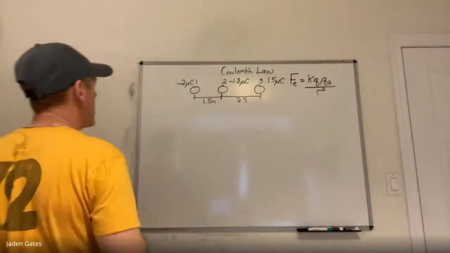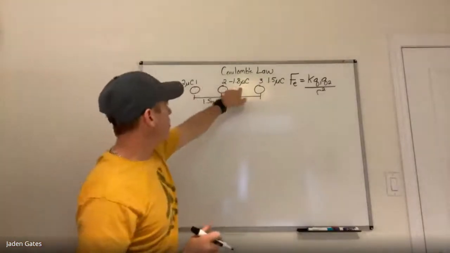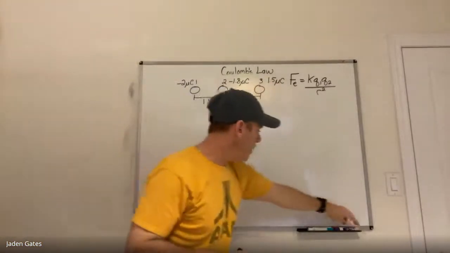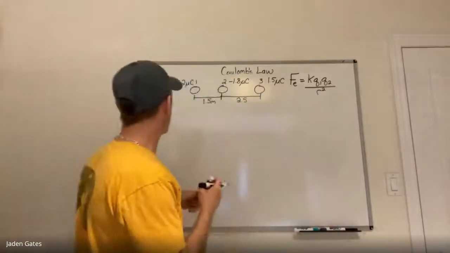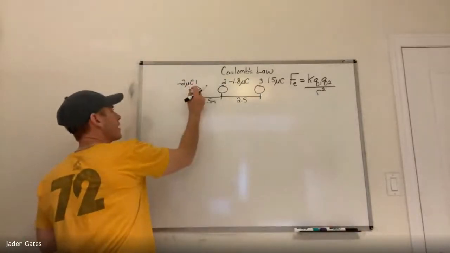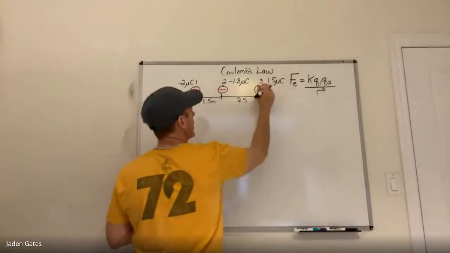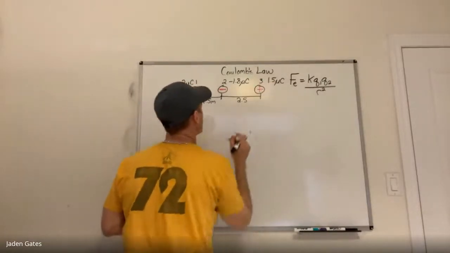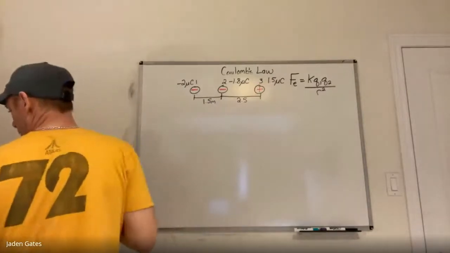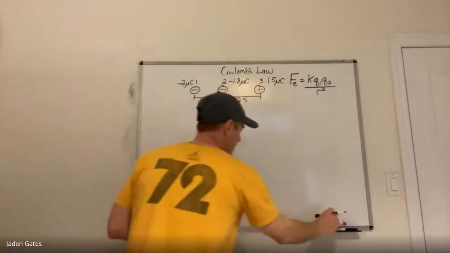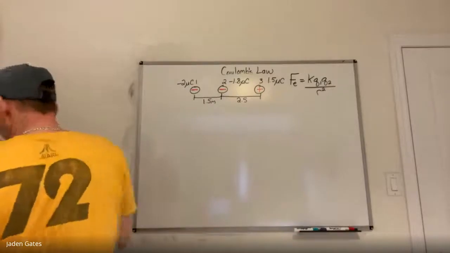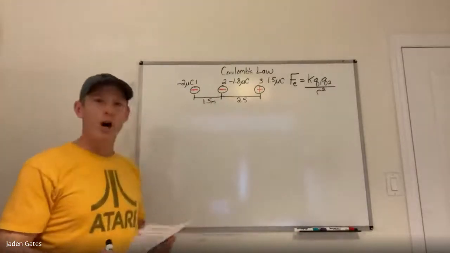And now, just to highlight what's really going on here, this charge is negative, this charge is negative, and this charge is positive. What we want to look at is, it says calculate the net force on Q3.